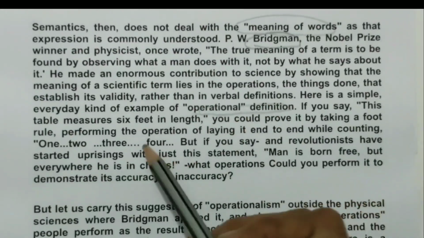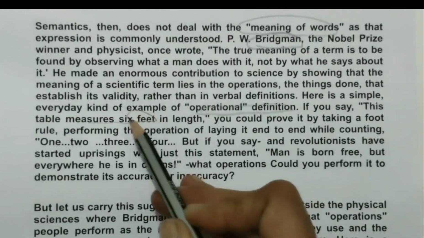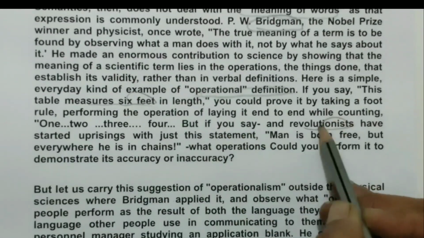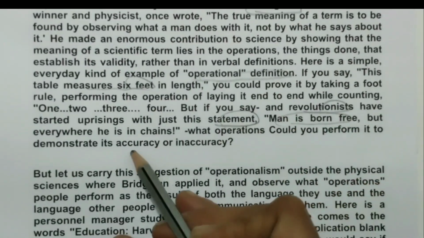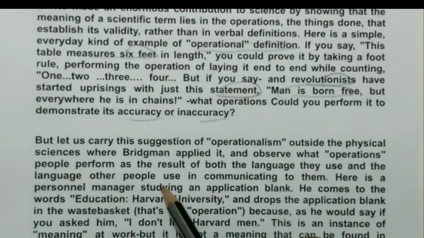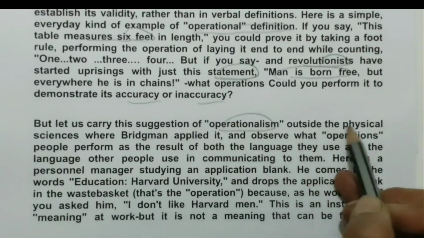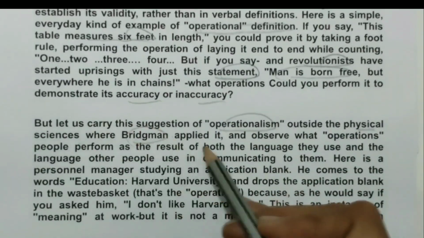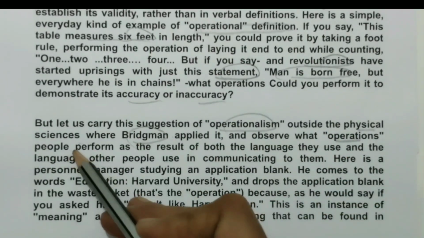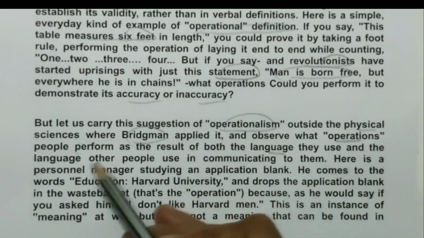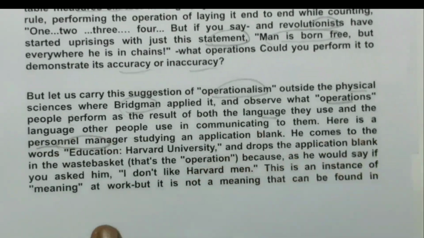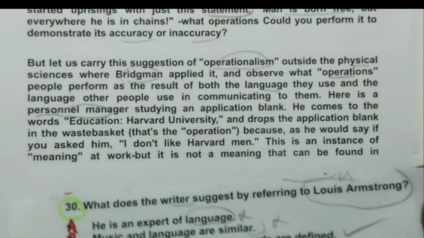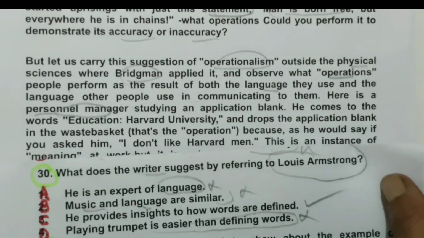Operational definition, 6 feet, revolutionist statement, man is born free, accuracy or inaccuracy. Okay, so operation, physical science, Bridgman again, operations, people as a result of both language use and language communicating. His personal manager is here. Let's read. We have found the location of the next question.